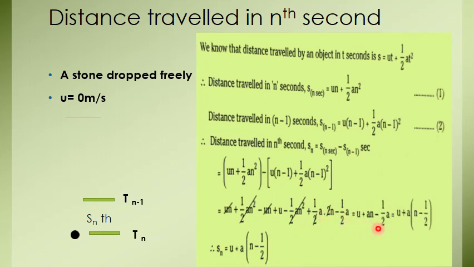So u plus an minus half a. When you simplify it, taking a as common, u plus a into n minus half is the displacement in the nth second. So displacement in nth second, Sn is equal to u plus a into n minus half.